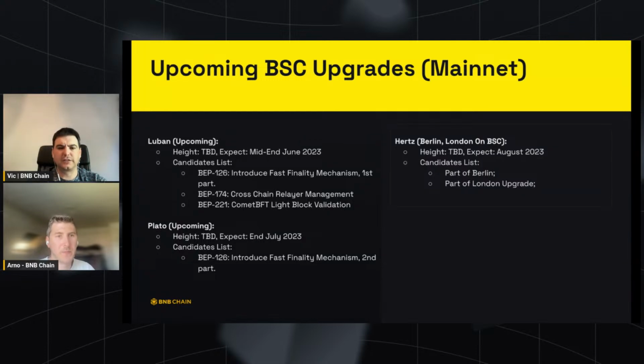I see. So the London upgrade is the one that introduced EIP-1559, right, with the fees burned? Can you shed a little light on that? How is it going to work on BSC? Are we going to support the same burning mechanism?